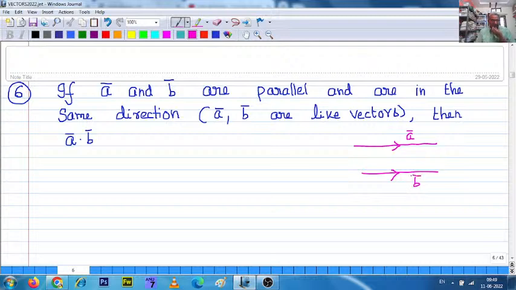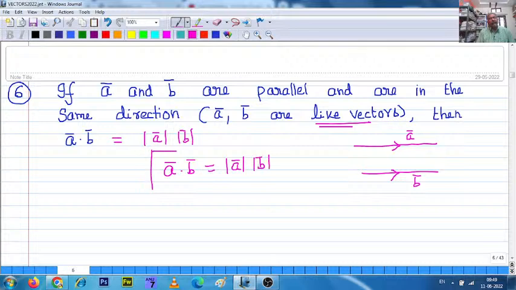Then a dot b is equal to mod a mod b cos 0, and cos 0 is 1. So this is like vectors, you need to take care of the plus sign. A dot b becomes mod a into mod b. Clear?